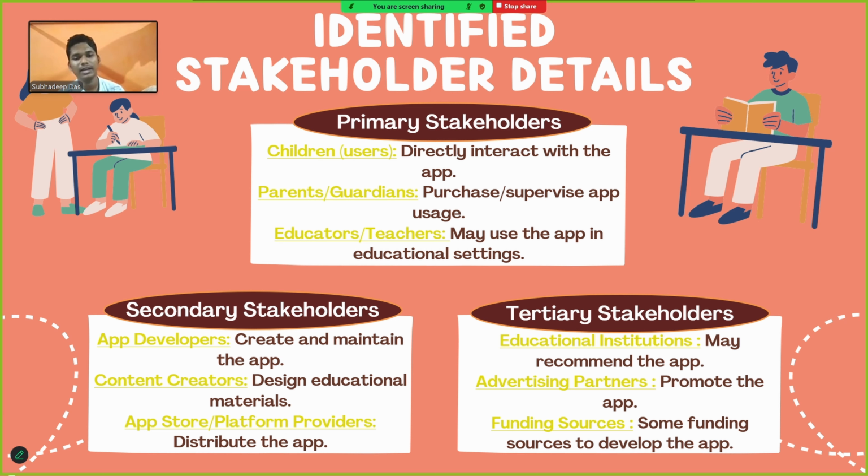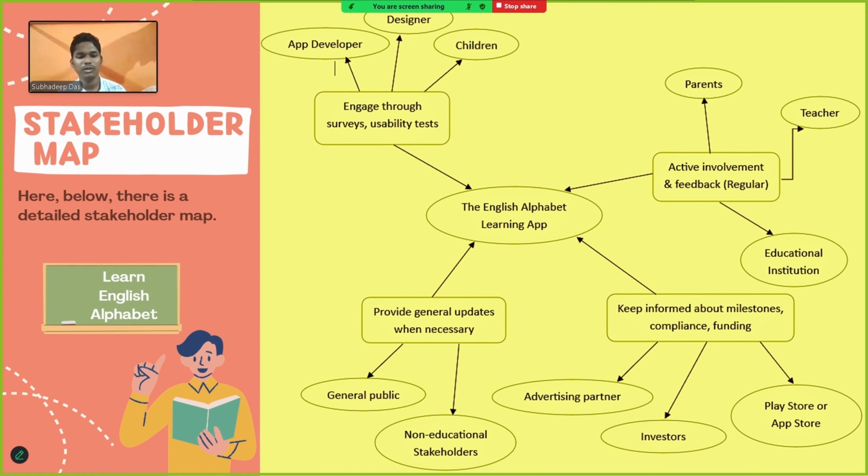We also have secondary stakeholders like app developers and content creators. In tertiary stakeholders, we include educational institutions, app store platforms, advertisers, and funding sources. All these groups play a role in shaping, using, or supporting our app. Next, we move to the stakeholder map.